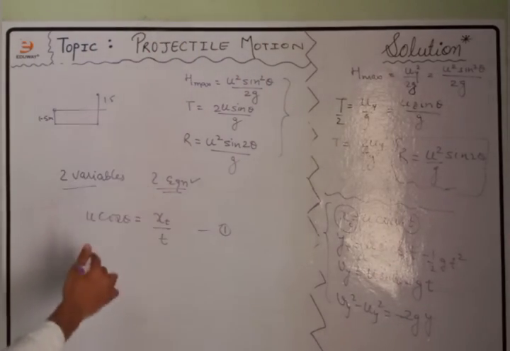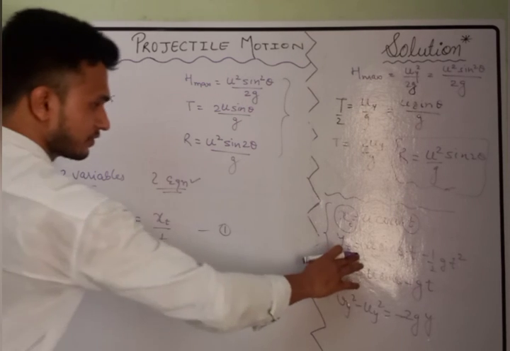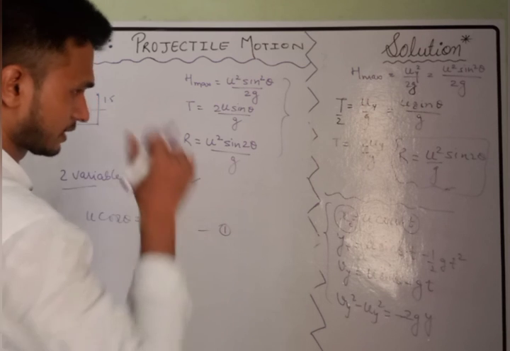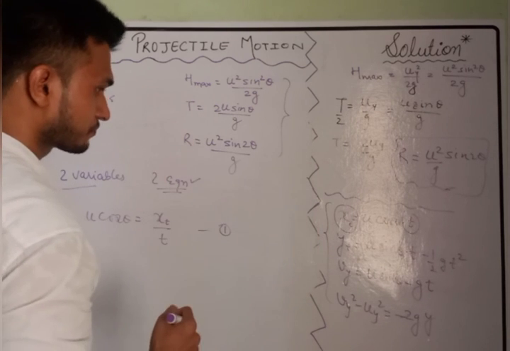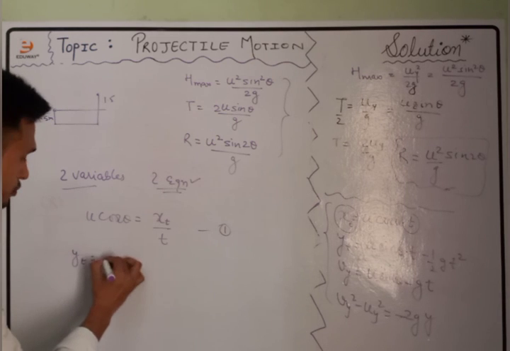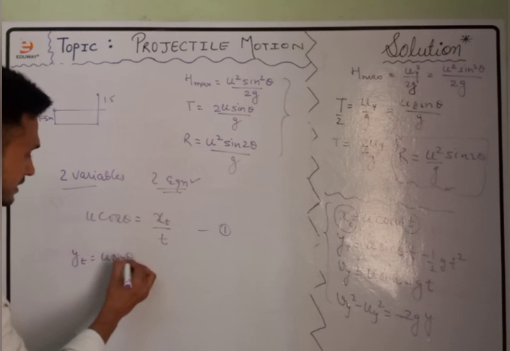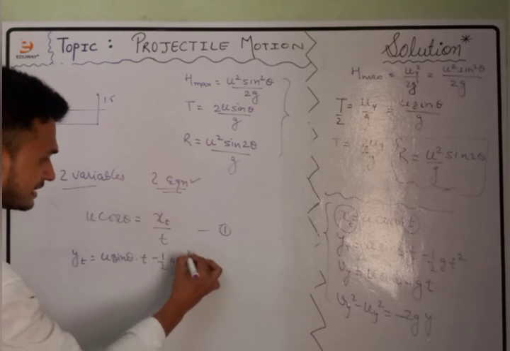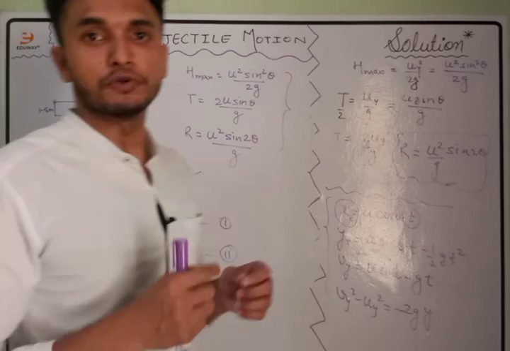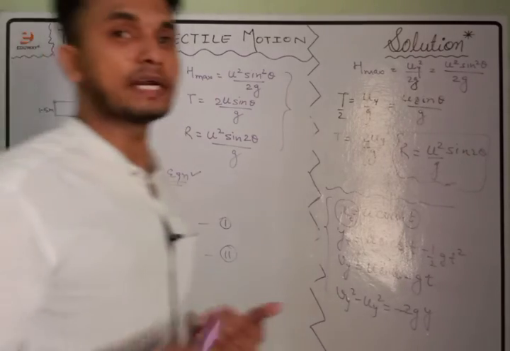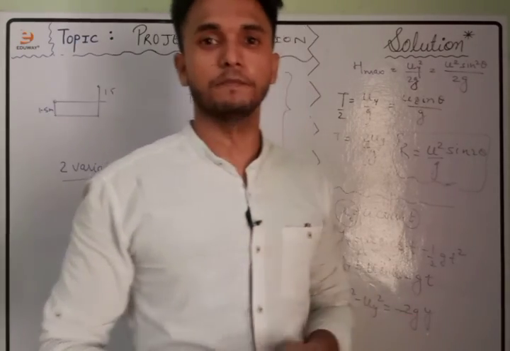So you can use the equation y equals u sin theta into t minus half g t square. Time is already known to us. So using these two equations, we can find the solution to the problem.